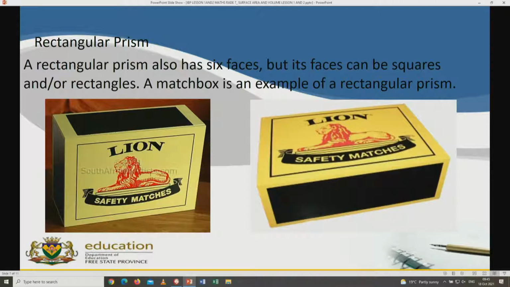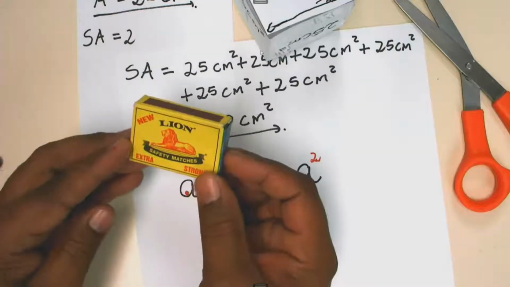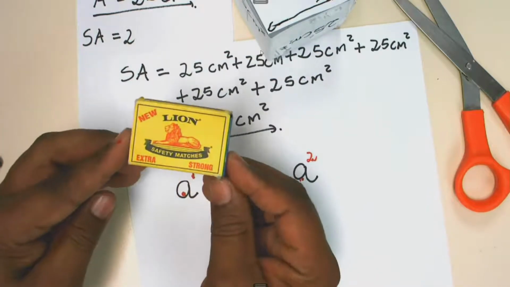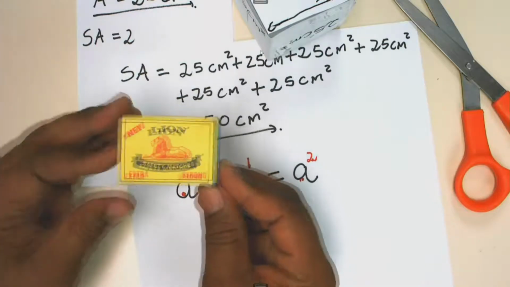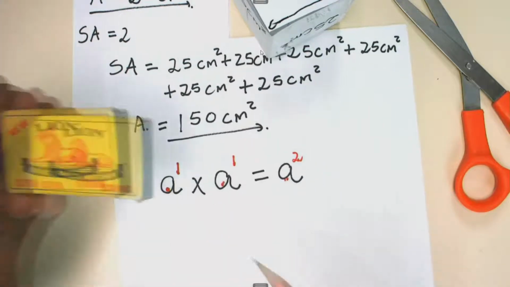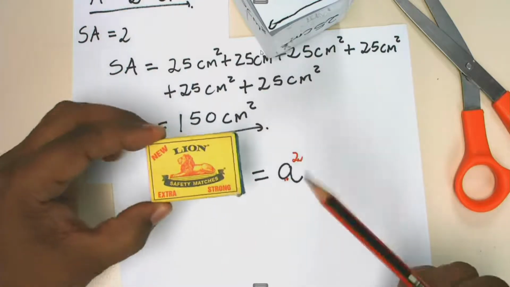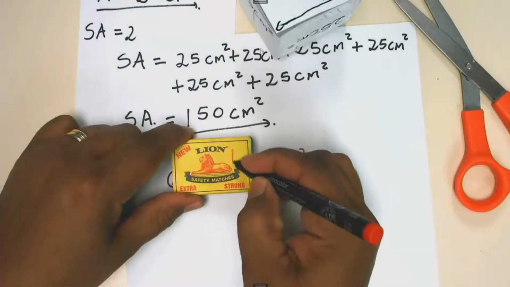But now let us make sure that they are 6. I have here a matchbox, and how many faces? Let us count. It will be the top part with a picture, and we can say this is face number 1.